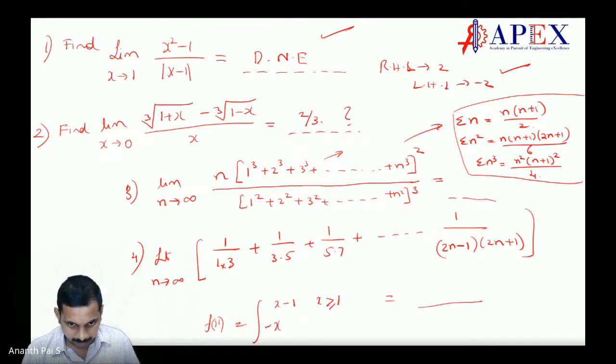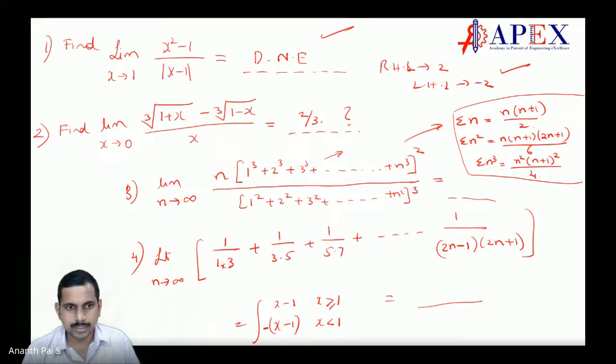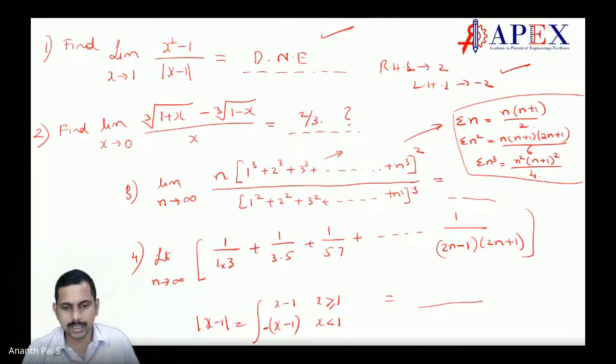Yes. Now it equals minus of x minus 1 when x is less than 1. Make sense? Yes. This is the magnitude of x minus 1. You have to apply this. Do that and get the answer. This comes with the right-hand limit. This comes with the left-hand limit. Do it, students.